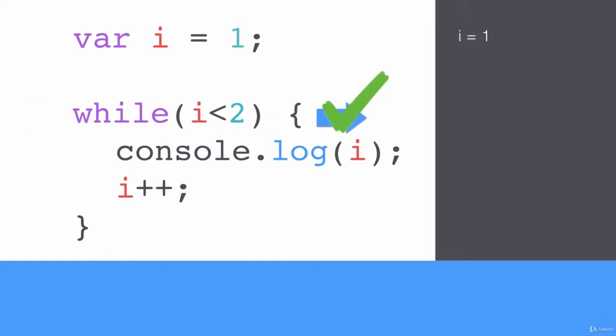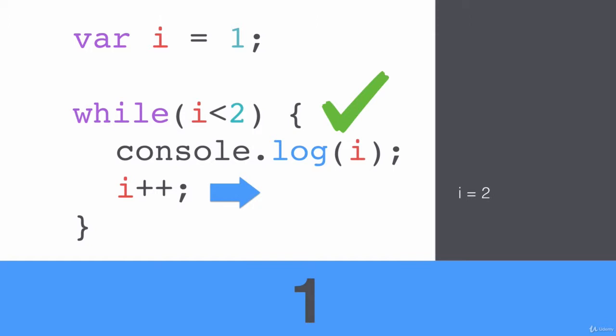And if the statement is true, then that means that the computer will execute the code in between the curly braces, which currently just tells it to console log the value of i, which of course, as we know, is equal to 1. Now, the next line of code inside this while loop increments i, and so i is now equal to 2.